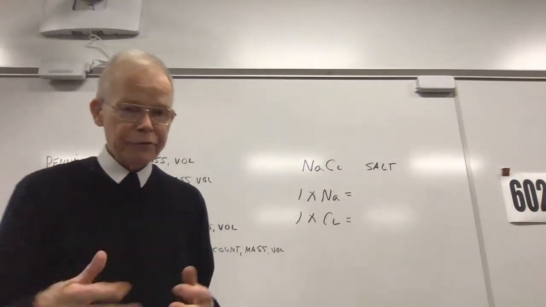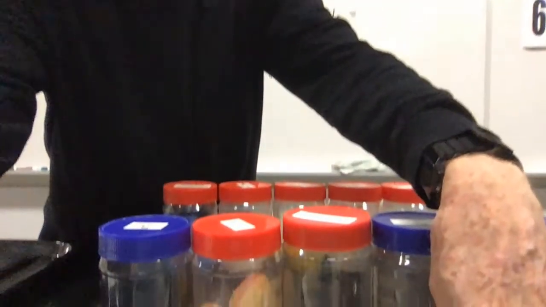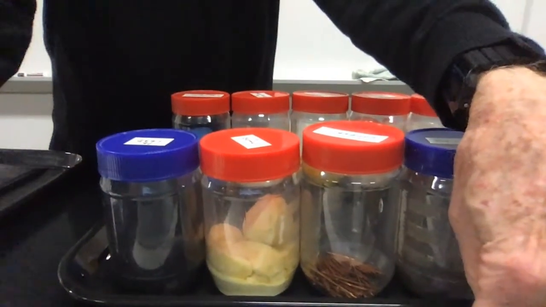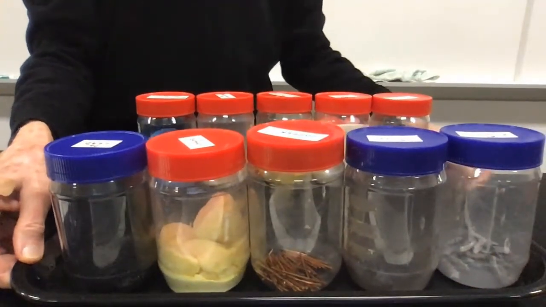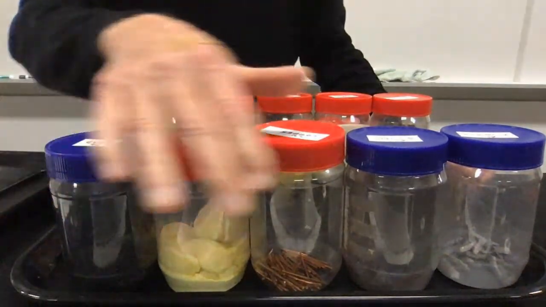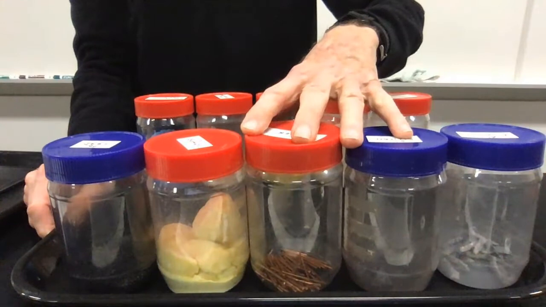What I have in front of me right now are the bottles that contained the elements. In fact, the picture that you see right here with all the bottles lined up, all of these are atoms, 1 mole of each.